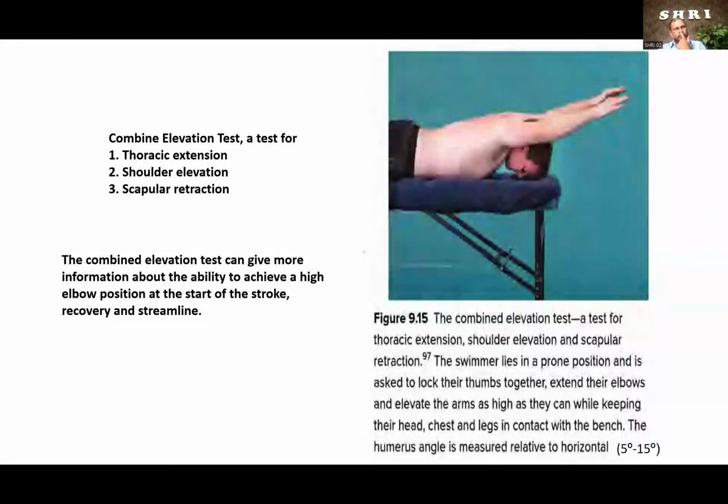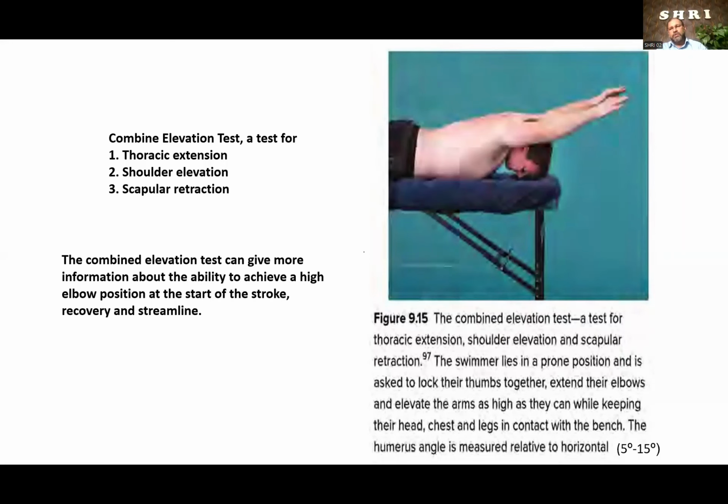The other important test we call the combined elevation test. Here we do three things. One is thoracic extension, another is shoulder elevation, and the next is scapular retraction. So the combined elevation test is a test for thoracic extension, shoulder elevation, and scapular retraction.